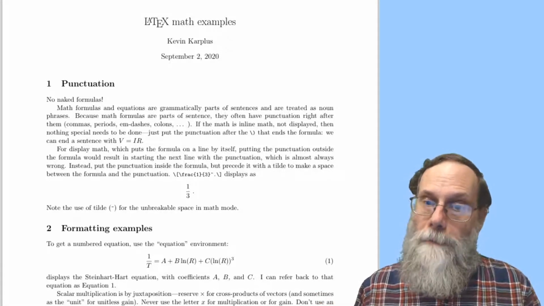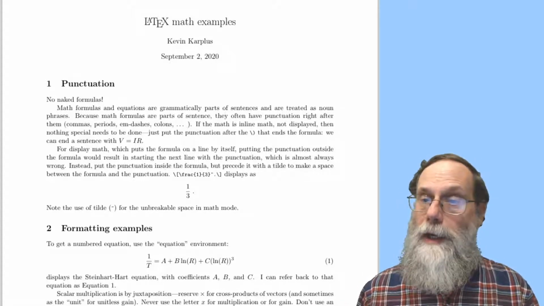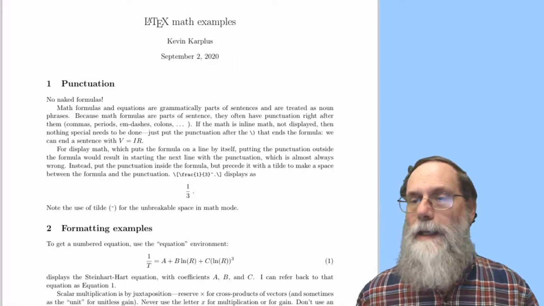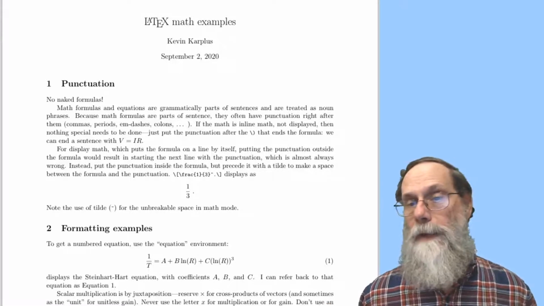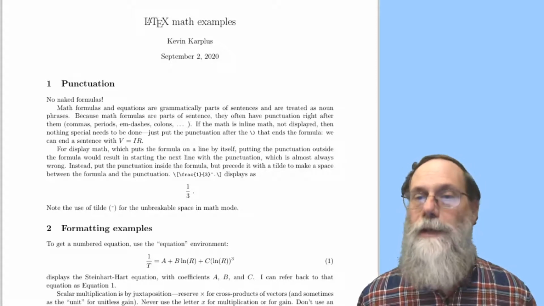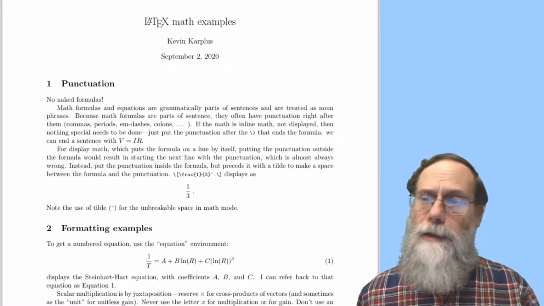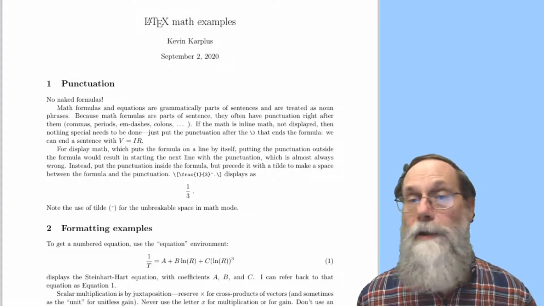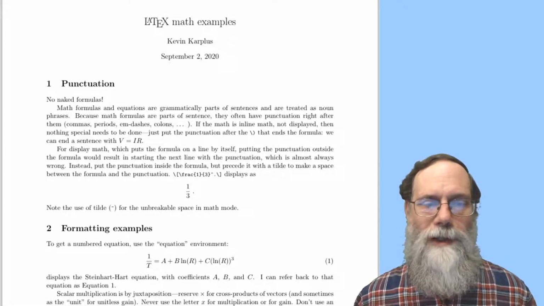But the period for the 1/3 in the third paragraph is occurring inside the displayed math, so it occurs on the same line as the displayed math. And the tilde for unbreakable space in math mode. And notice also that the use of the tilde line here is not indented, it's not a new paragraph. Let's take a look at how that was achieved.